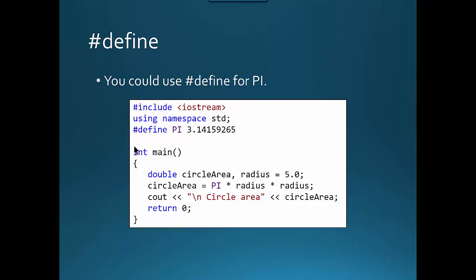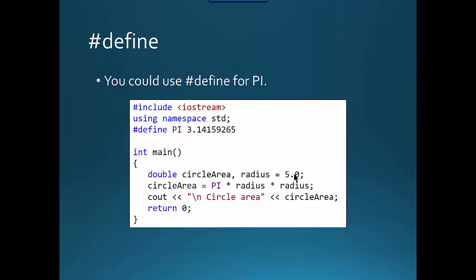So here's an example of using a define statement for PI at the top of our code. We're defining PI as 3.14159265. And then in our program in main, you can see here where you're using PI in this formula. So we've declared a couple of doubles, circle area and radius.